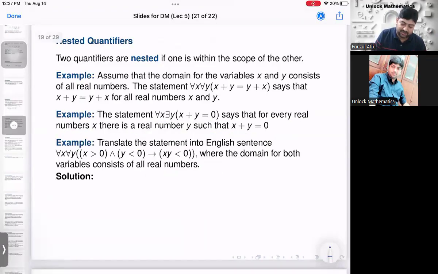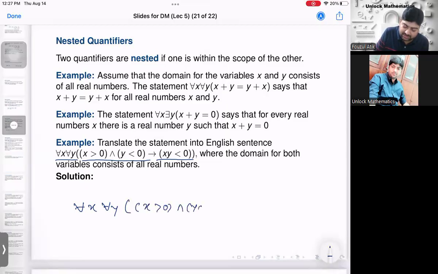Now one more expression, let's translate this statement into an English sentence. You have a logical expression: for all x for all y, if x greater than 0 and y less than 0, then xy is less than 0, where the domain for both variables consists of all real numbers. What do you mean by that? For all x for all y means for every real number x, for every real number y, this is the if condition: x is greater than 0 and y is less than 0.